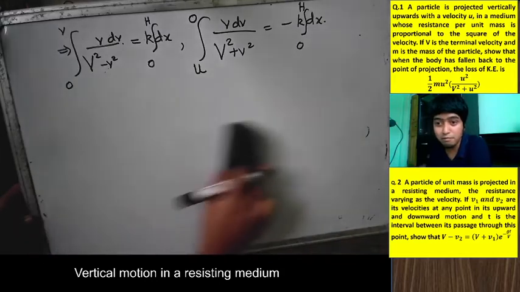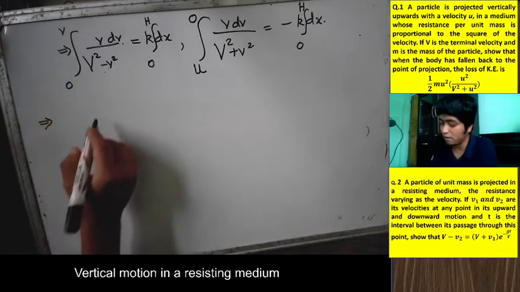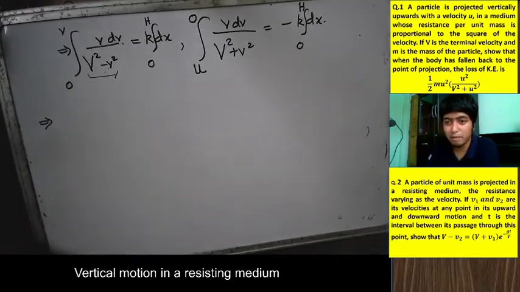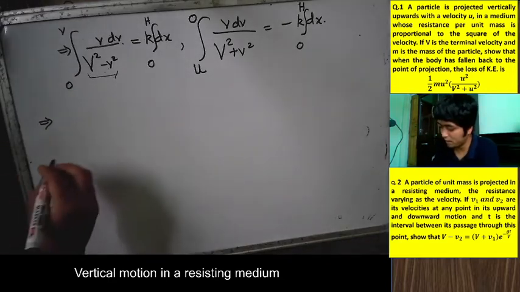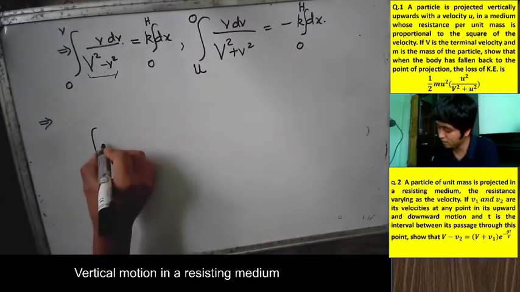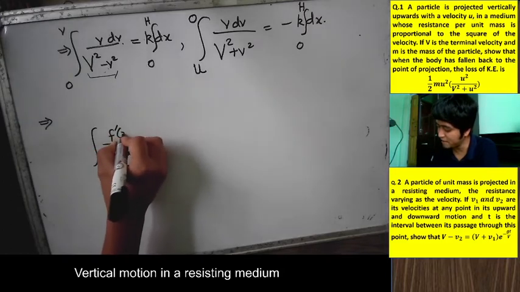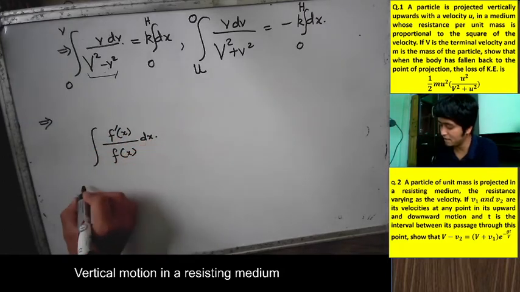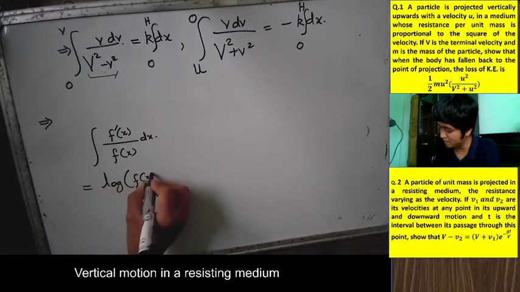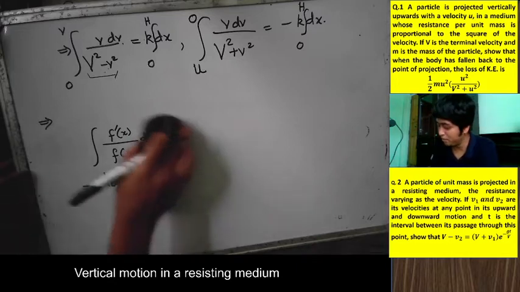Okay, so now we just have to integrate this one. If you remember, there is one formula which says that if you have f(x) and over here f'(x) dx, then the integration will be log f(x). So that is what we want to do.